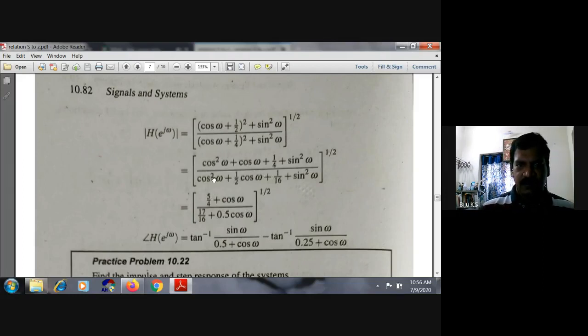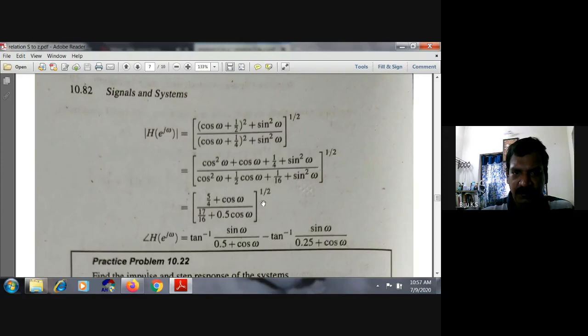And the denominator is cos square omega plus 1 by 16 plus 1 by 2 cos omega plus sin square omega. Here also there is some mistake, so you can correct it by expanding: cos square plus 1 by 16 plus cos omega by 4 plus sin square.